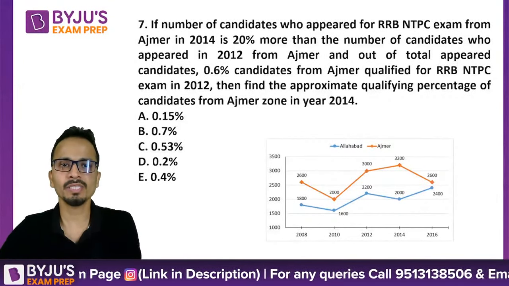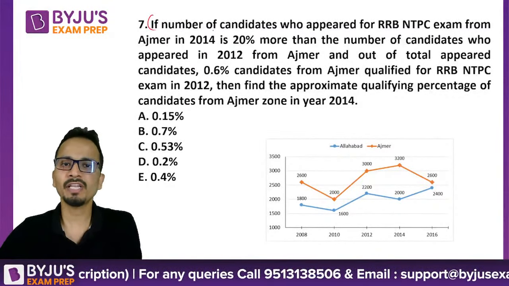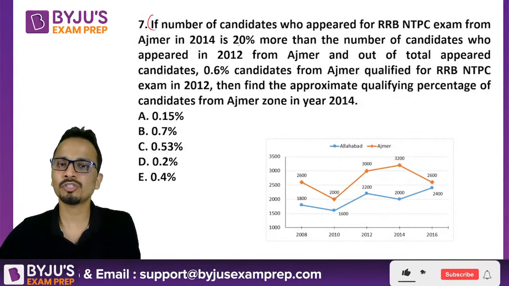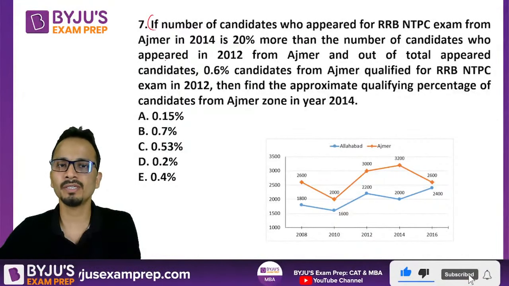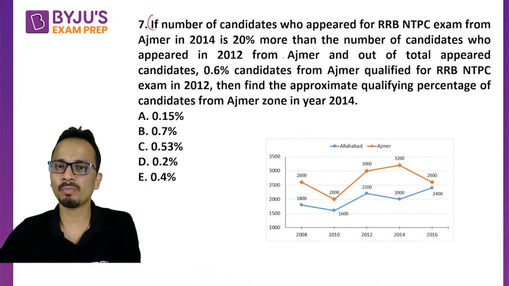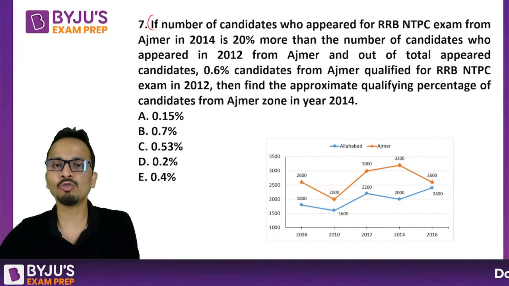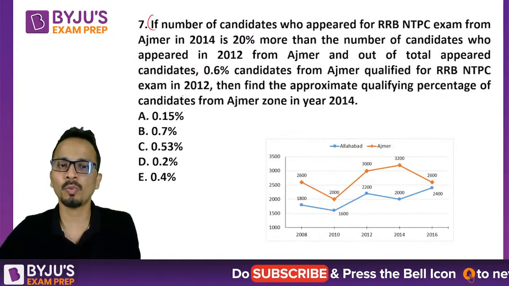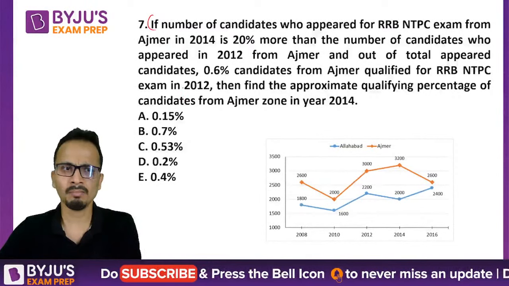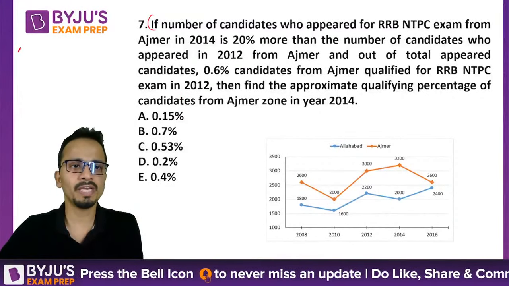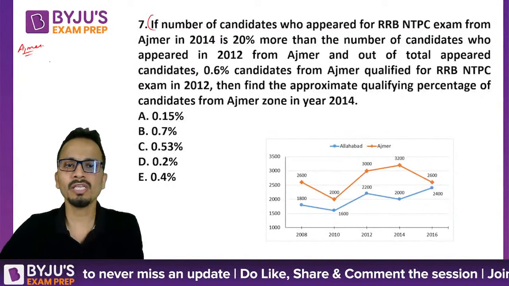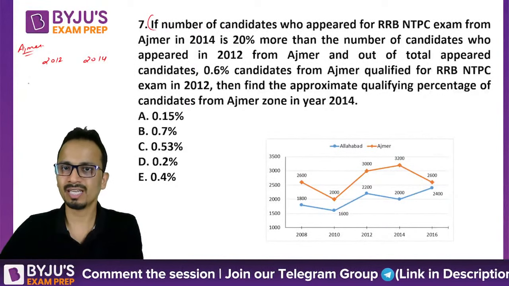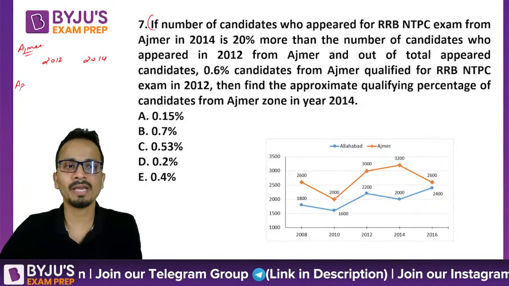Okay, now let's start with this. The first statement says that the number of candidates who appeared from Ajmer in 2014 is 20% more than the candidates who appeared in 2012 from Ajmer. So they are talking about Ajmer, but for 2 years: 2012 and 2014. Let me write appeared here.